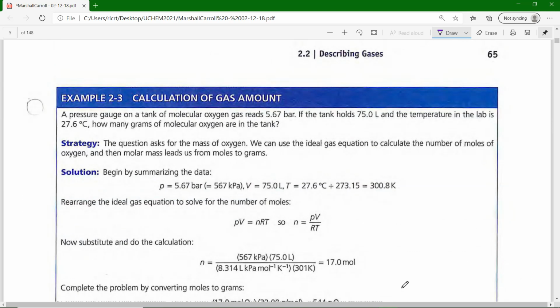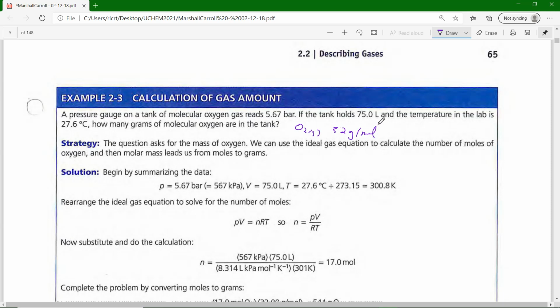Okay, let's try example 2.3. This is on page 65. A pressure gauge on a tank of molecular oxygen gas. So that's O2 gas, 32 grams per mole is the molar mass. I think I'm going to need that. There's the pressure, 5.67 bar.